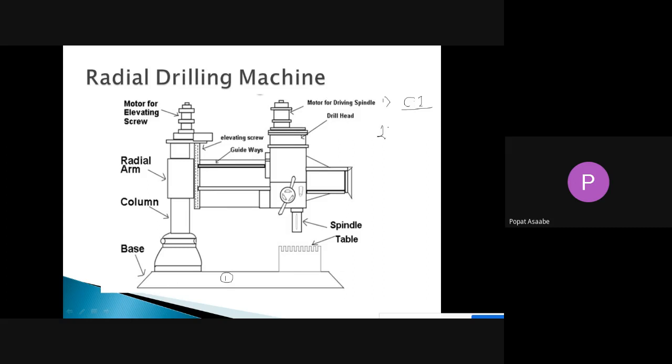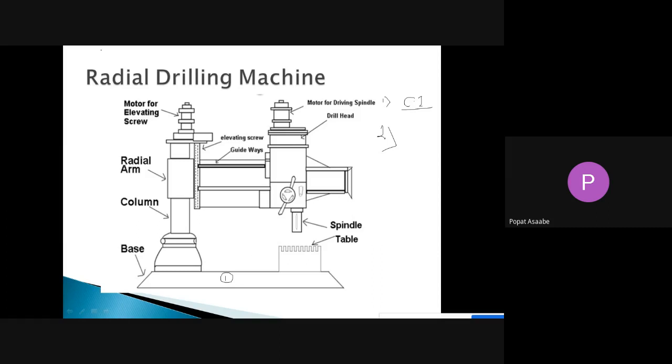Then part number two is the vertical column. The column is a vertical member, mounted on one corner, or one side, of your base. In a pillar type drilling machine we mount this column at the center of the base.